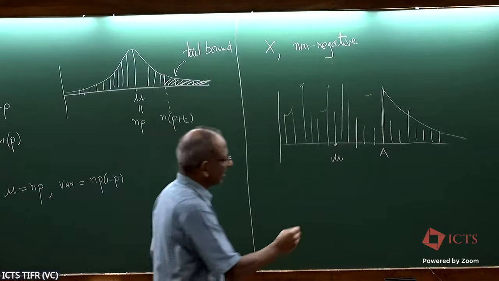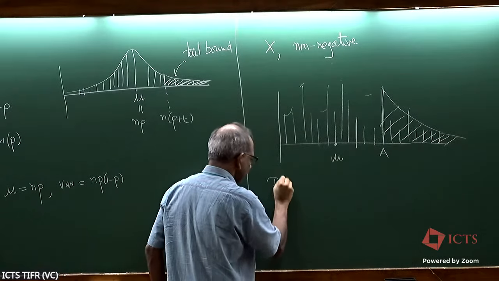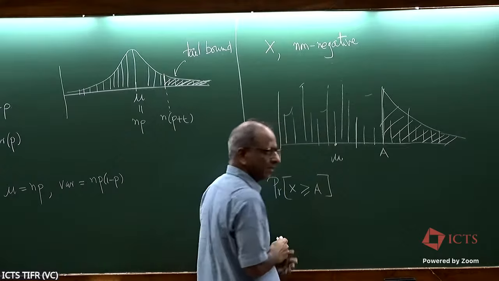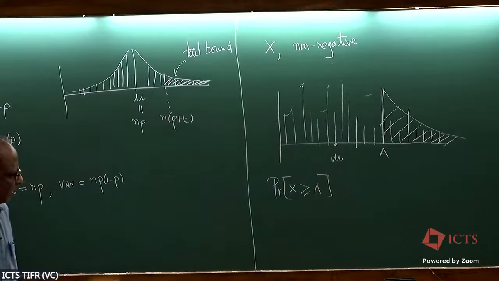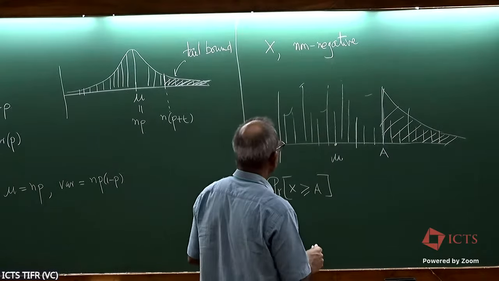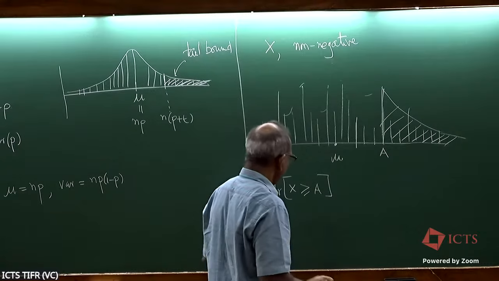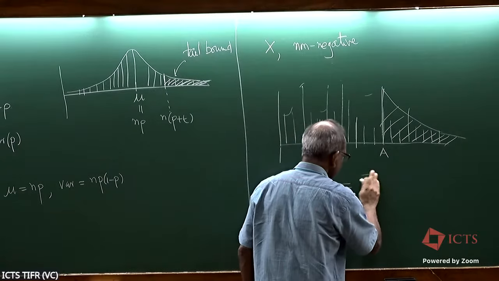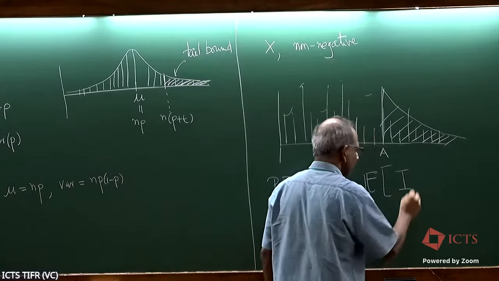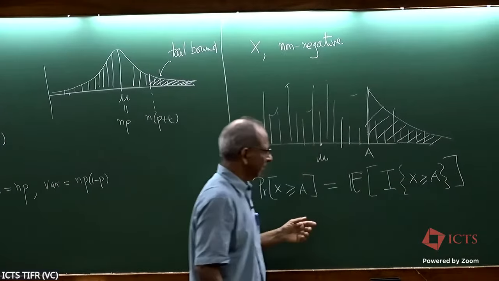So what are we interested in? We are interested in the probability that x is, so now suppose I design a function, yeah, which is 0 here and 1 here. Yeah. So do you agree with this?